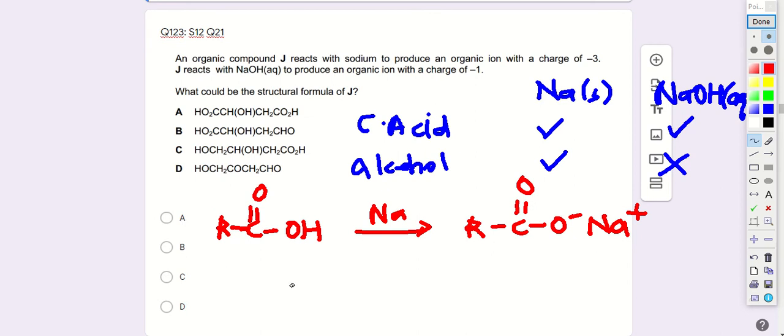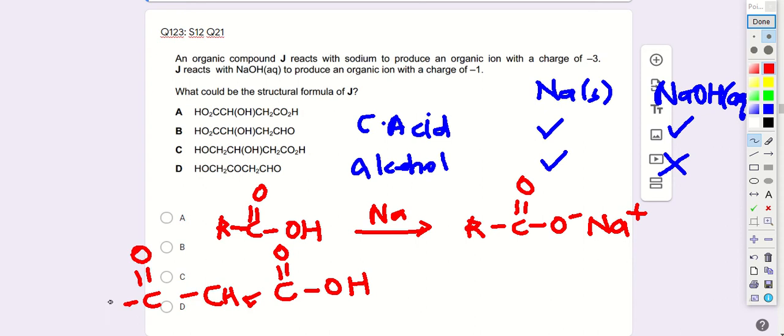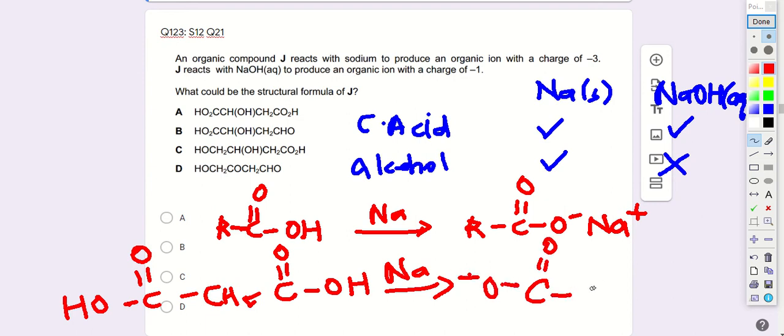If I have two carboxylic acid functional groups in the compound, let's say I have COOH, CH2, then another COOH, reacting with sodium I get COO negative, CH2, then COO negative again. So this is an organic ion with -2 charge. This is what is meant by organic ion with a charge of -3, -2, -1.